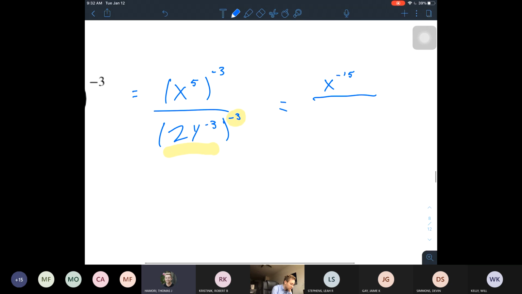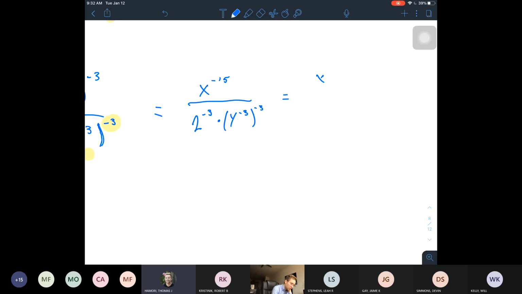So because we have these parentheses here, and we have things being multiplied inside, remember we had a rule, if we multiply things inside of the parentheses and we apply a power, we have to distribute that power. So I'm going to write 2 to the -3 power, and then I'm going to multiply that by y to the -3 to the -3 power.